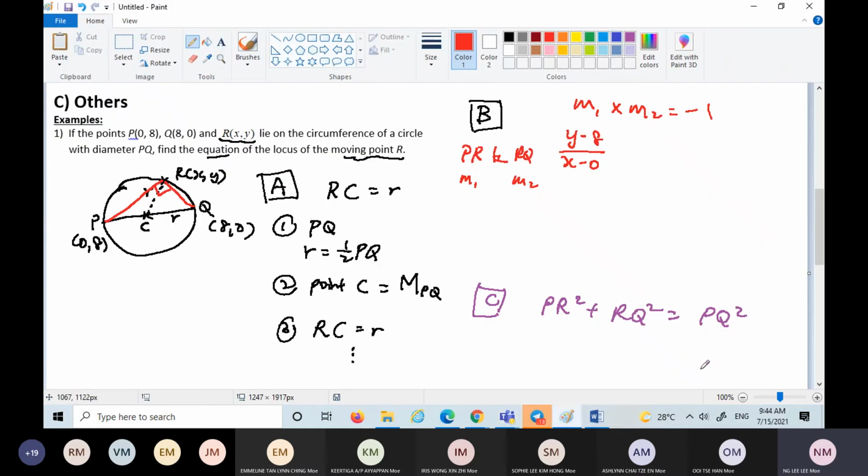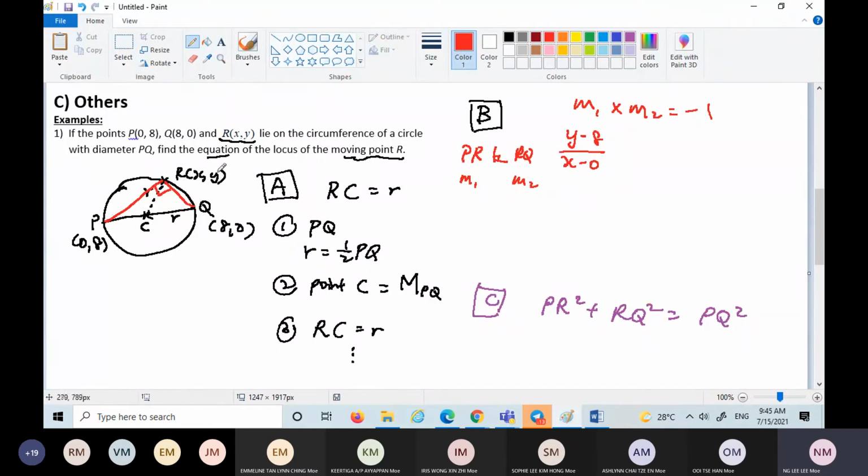The relation m1 times m2 equals -1, that one is for you to get the equation of a straight line, you know. This one I will end up with a circle. So I just get the gradient for PR.